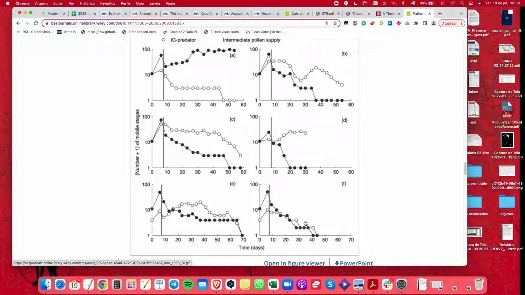And the competition starts here. But see, when the competition starts, from one panel to the other, the populations of prey and predator are not the same.